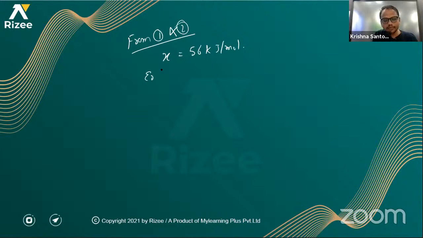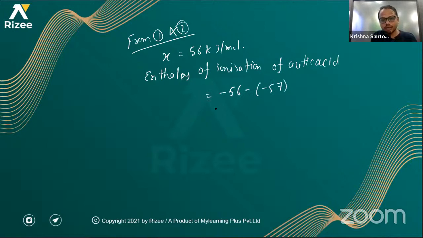So the enthalpy of ionization of acetic acid will be equal to minus 56 minus of minus 57, which we already have, so it will be equal to 1 kilojoule per mole. This is a question related to ionic equilibrium also.